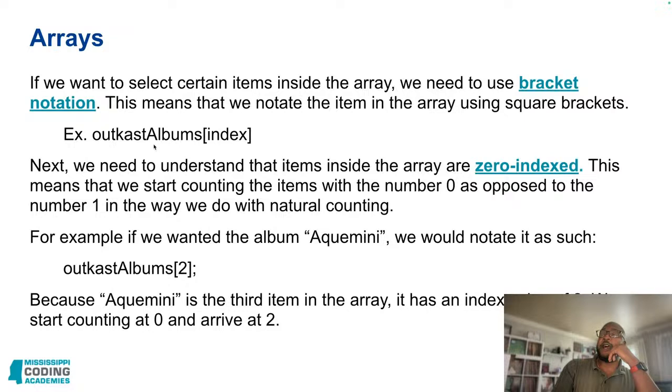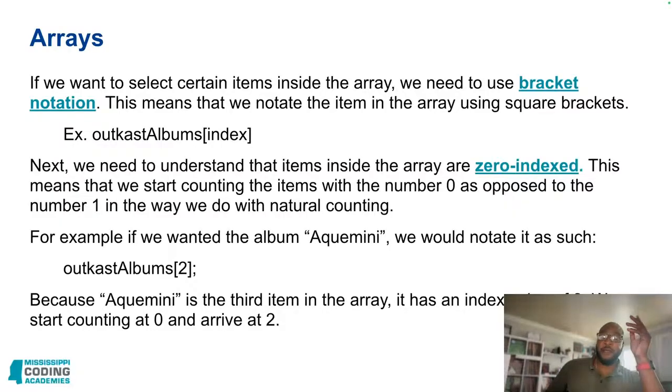We have Outcast albums and then the index value. Okay. So let's talk about this index value. Items inside of an array are what we call zero index. It means that we start counting with the number 0 as opposed to the number 1 in the way we do with natural counting.